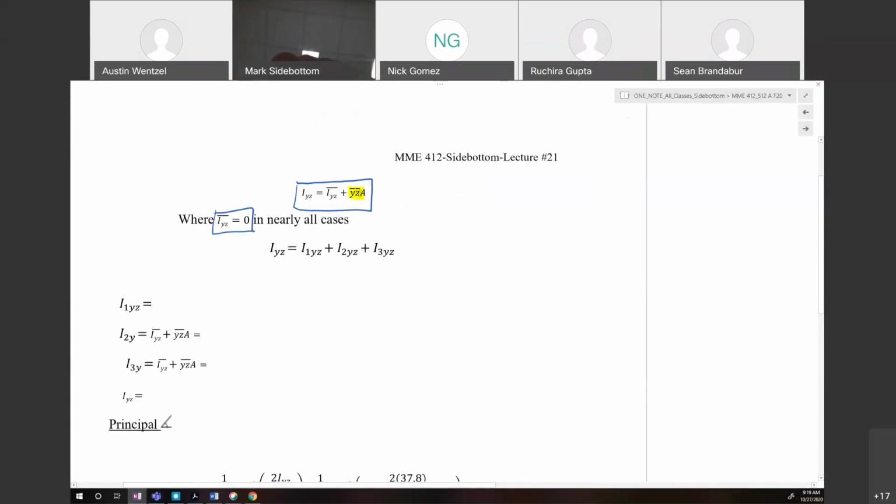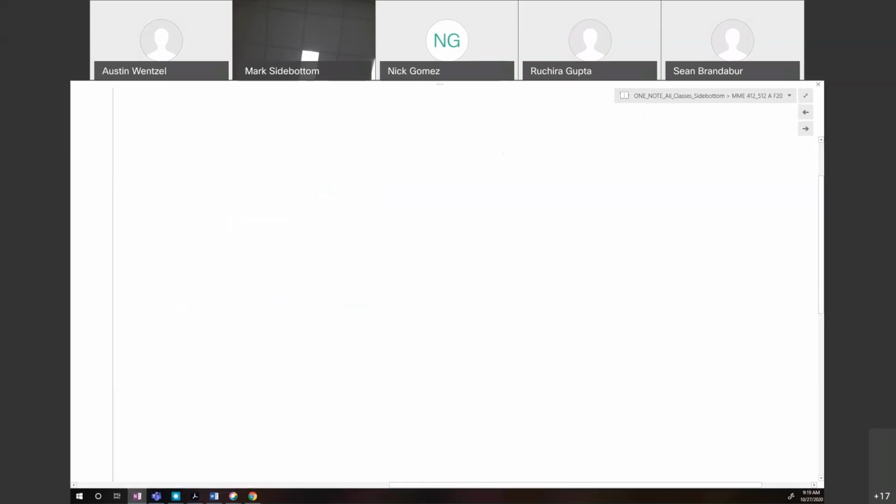For our same cross-sectional area, I1yz bar is going to be equal to 0 plus y times z. This is again the distance from the y-axis to the centroid and the distance from the z-axis to the centroid, which would both be 0 in this case. The cross-sectional area doesn't really matter here, so we can let it go.